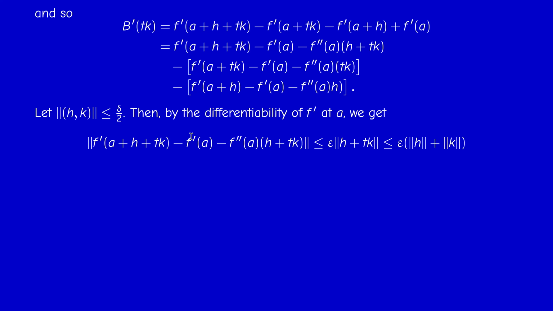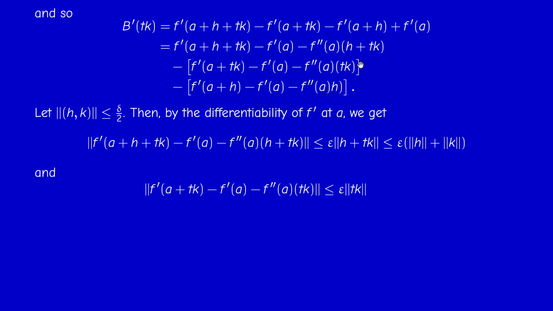So according to the differentiability condition, this difference is a small o of norm of h plus tk, which is less than this guy. So this is again the differentiability condition of f prime at a. And this is, by the way, the operator norm. It's not the norm in capital F. It's the norm in L of E and F.